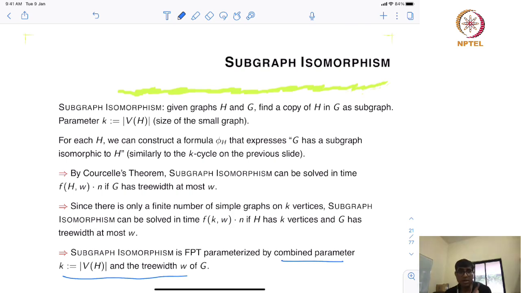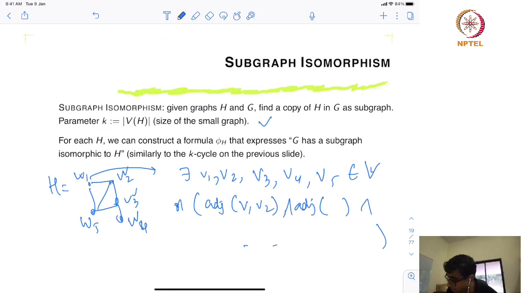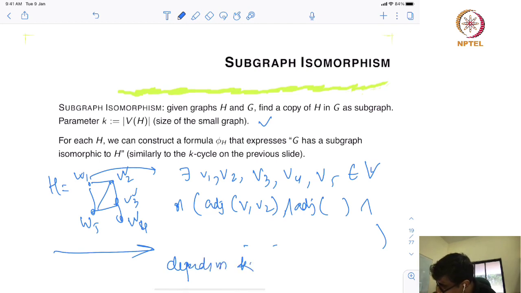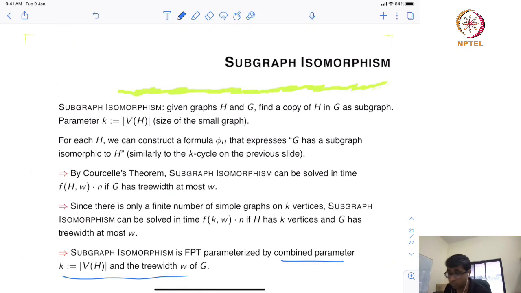Now look, why are we saying combined parameter K and W? Because the length of the formula here, whatever we are writing, actually depends on K, the vertex set size of H, and that is the reason why we wrote this.